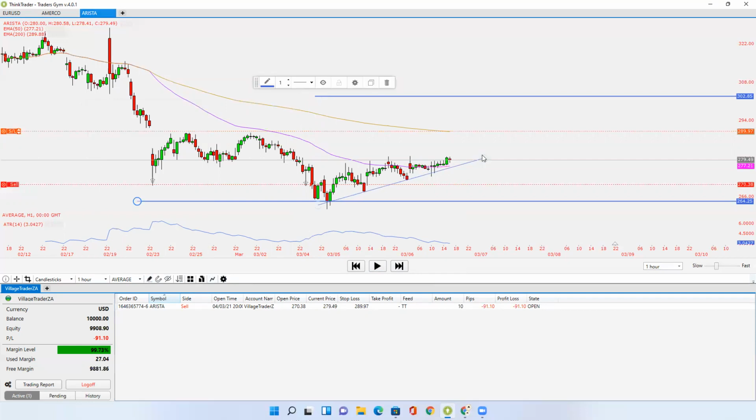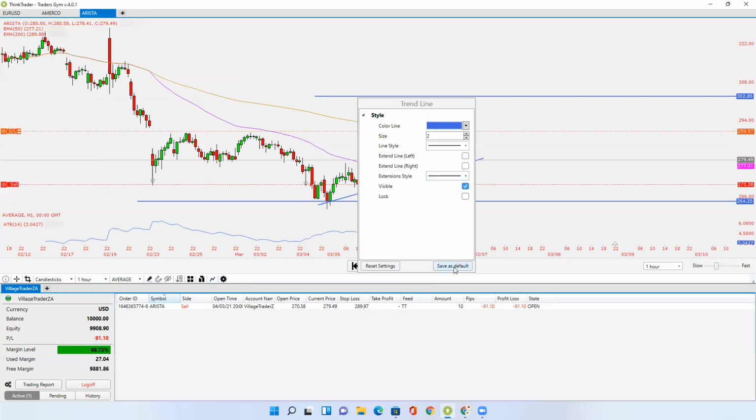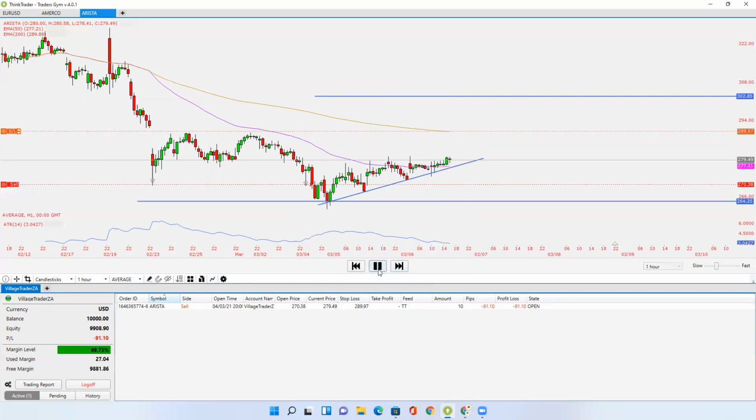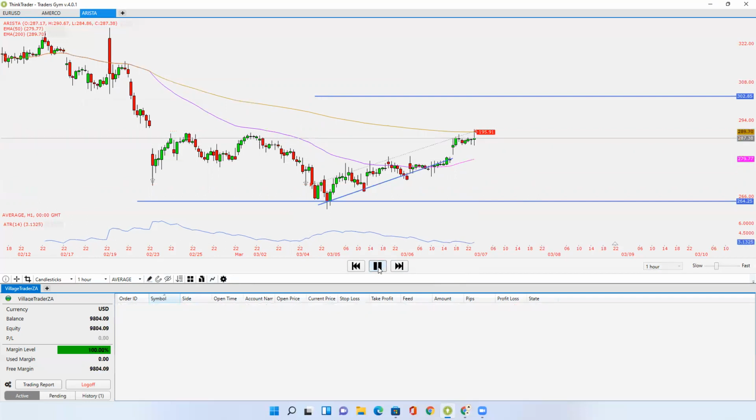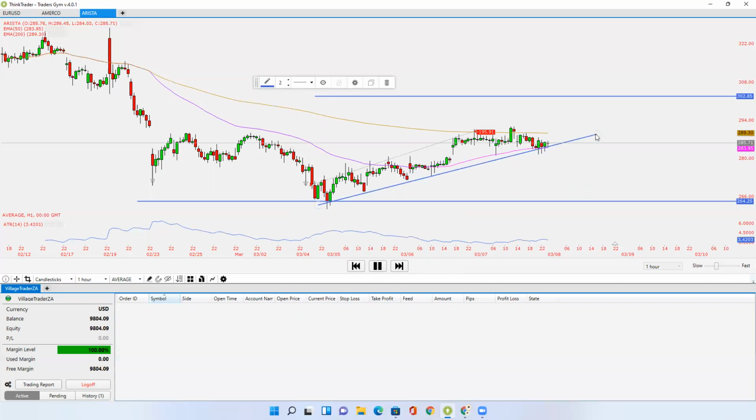Stock is starting to make higher lows and higher highs.